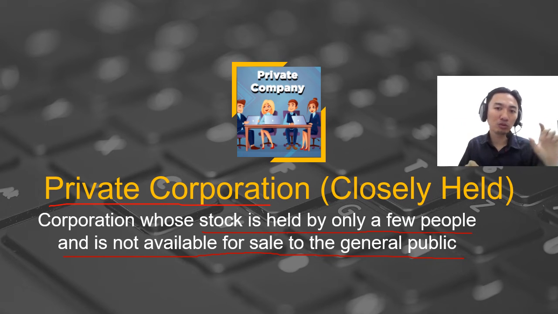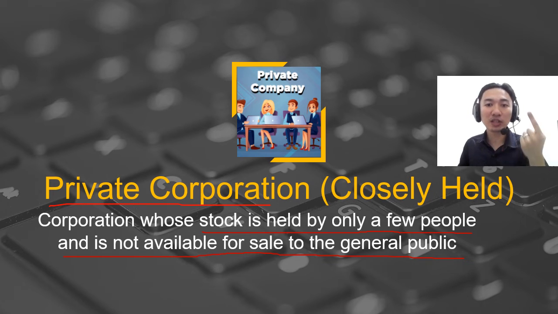However, under the new Company Act 2016, it is possible for Malaysians to have a company with one sole director and one shareholder, which both can be the same person. So you can be the sole director, and you can also be the individual shareholder. Previously, under the old Company Act 1965, you needed 2 directors and 1 shareholder. Different now. That's pretty much what you should know for private corporation.